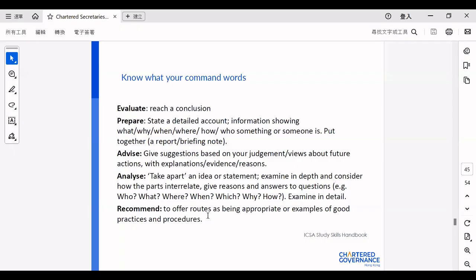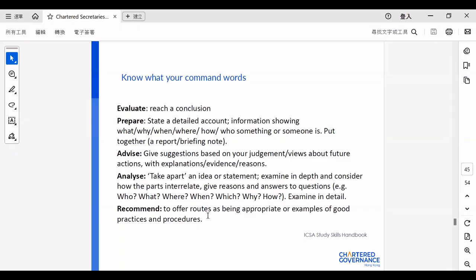When you're asked to analyze something, that means you have to examine in depth and consider different aspects of the issues, right? Who, what, where, when, which, why, and how. So you have to consider some or all of these things together in order to provide a deeper and fuller analysis.